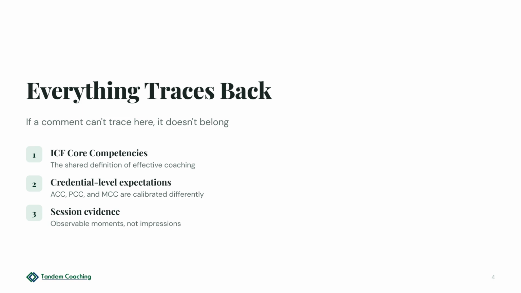The shared framework defining what effective coaching looks like at every level. 2, the credential level expectations, because feedback for an ACC coach is calibrated differently than for someone working toward PCC or MCC. 3, session evidence, specific observable moments from the recording, not impressions or assumptions. Run any comment back through those 3. If it traces, keep it. If it doesn't, it's coming from somewhere other than mentor coaching.